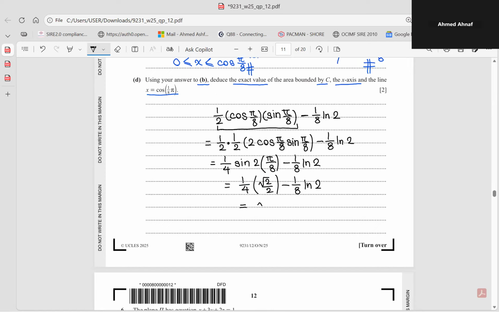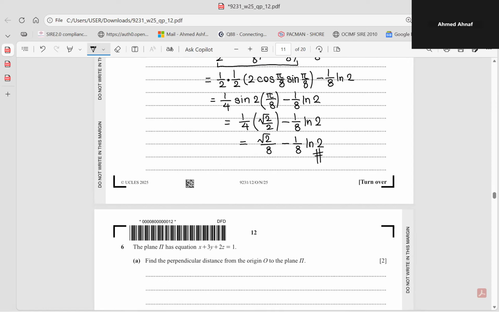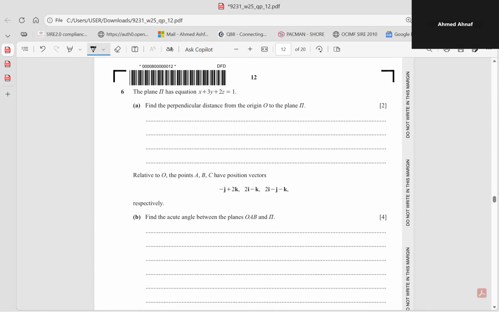So this is square root 2 over 8 minus 1 over 8 ln 2. So yeah, this would be the final answer for this entire question, since it's the last part. Let's move on to the next question.